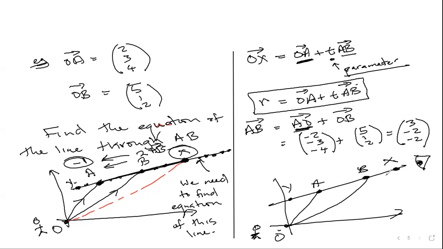Yes, sir. I have to get to the line. So how do I get to the line? I can go along OA or OB, but either one will take me to the line. Agreed? True. So I've reached the line, the point A. Think about this as a road.